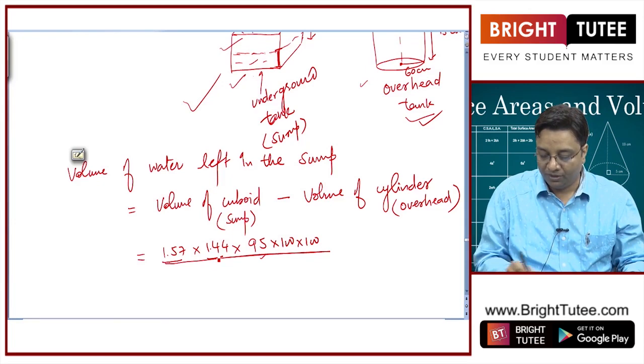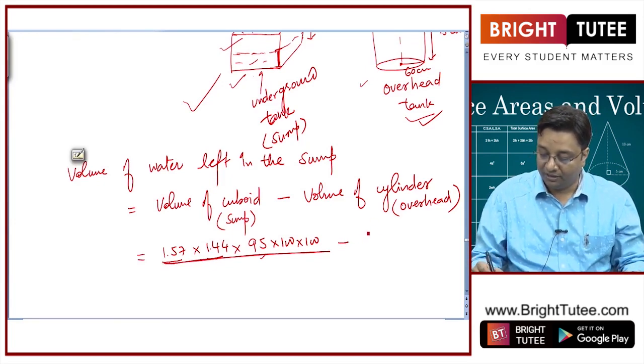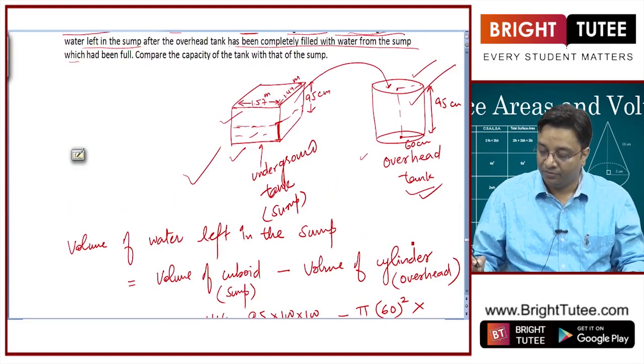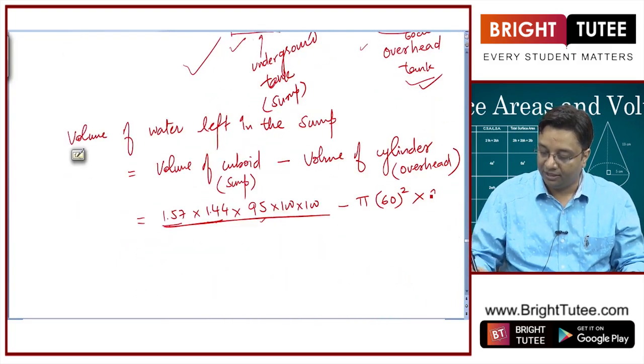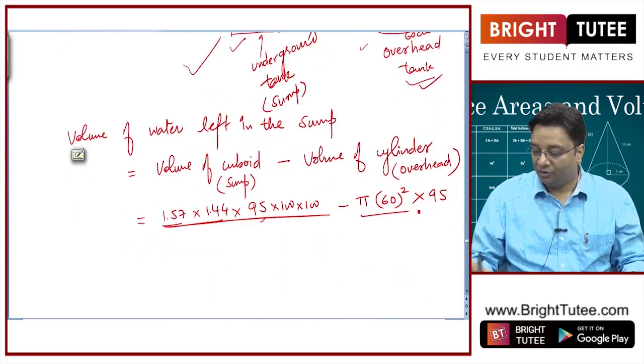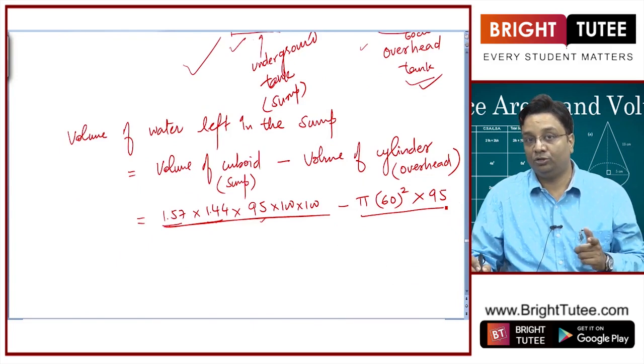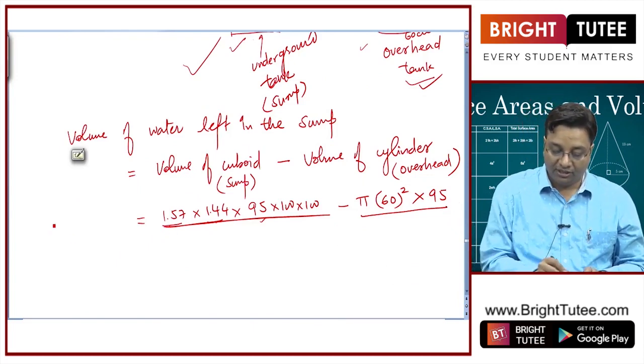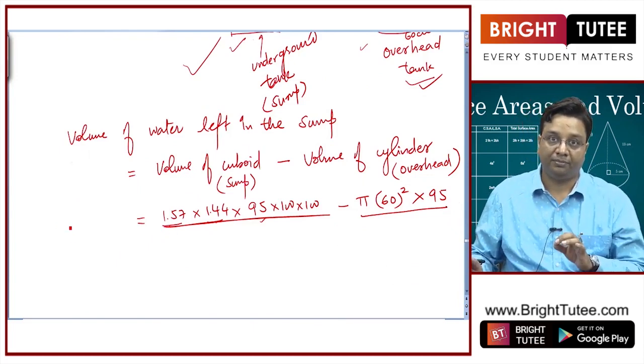Now this volume is in centimeter cubes, minus volume of cylindrical tank, pi radius squared, radius 60 squared into height, which is 95, and this volume is also in centimeter cubes. So this is the volume of water left in the sump.